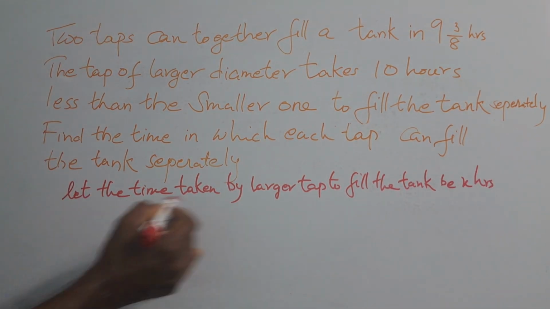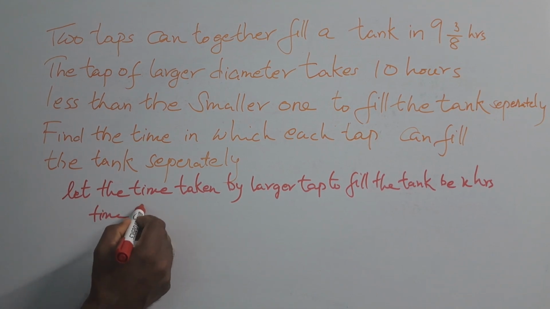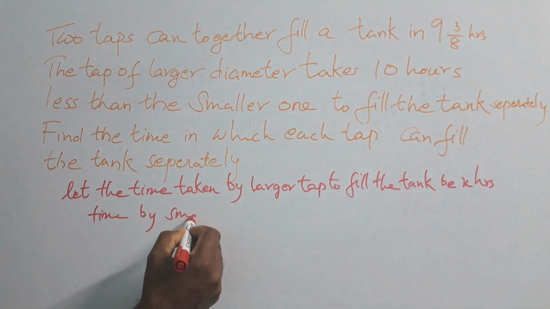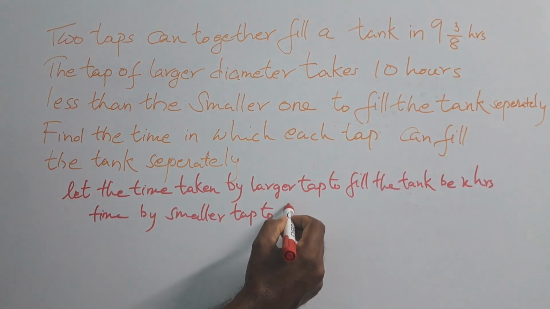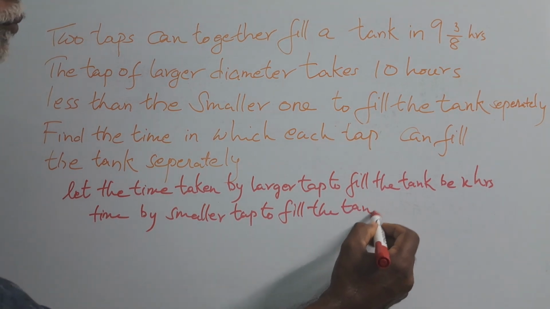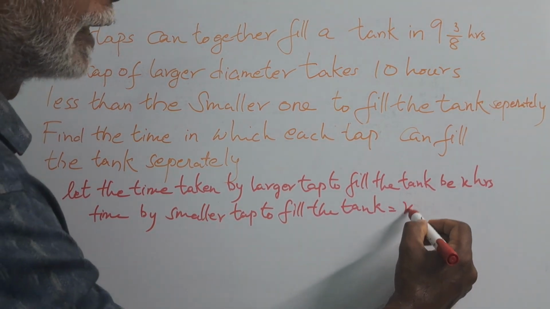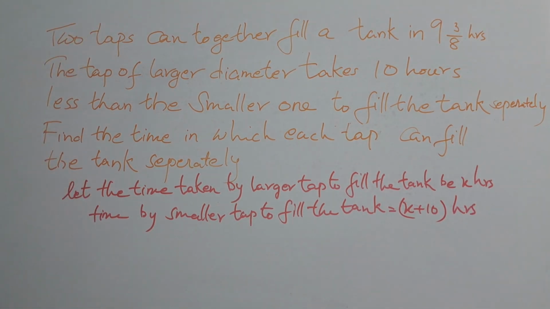Then the time taken by the smaller tap to fill the tank is x plus 10 hours. It takes 10 hours more than the larger tap.